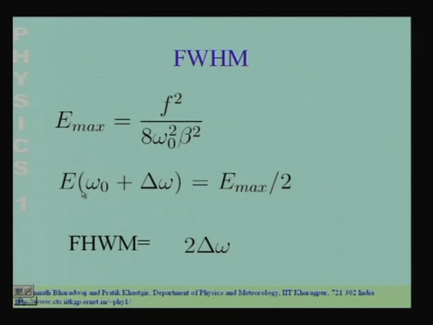We are going to shift from the maxima by an amount delta omega, and the question is how much should delta omega be so that the energy at omega naught plus delta omega falls to half the maximum energy. We want to shift from the maximum value of the angular frequency by an amount delta omega so that the energy falls to half the maximum energy.